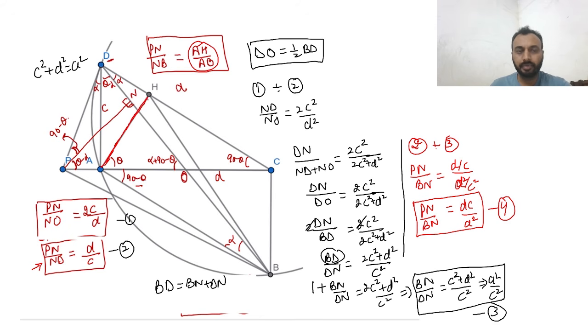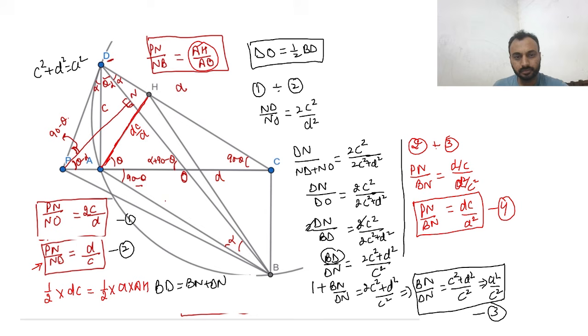As AH is a perpendicular in a right angle triangle having sides D, C and A, you can see that this length is DC by A. If D and C are perpendicular and base and A is the hypotenuse, then AH length is DC by A. You can also find out by equating the area: half into D into C is the area of triangle DAC. That area can also be written as half into A into AH, base into height. So AH is DC by A.